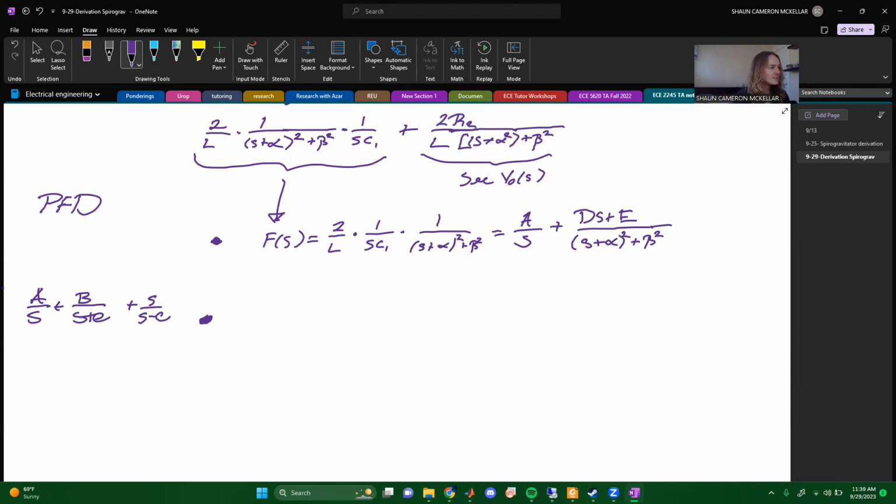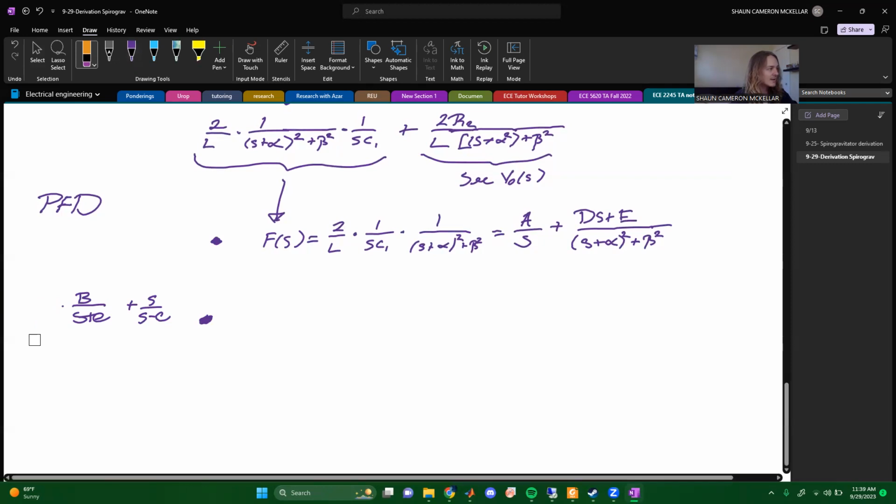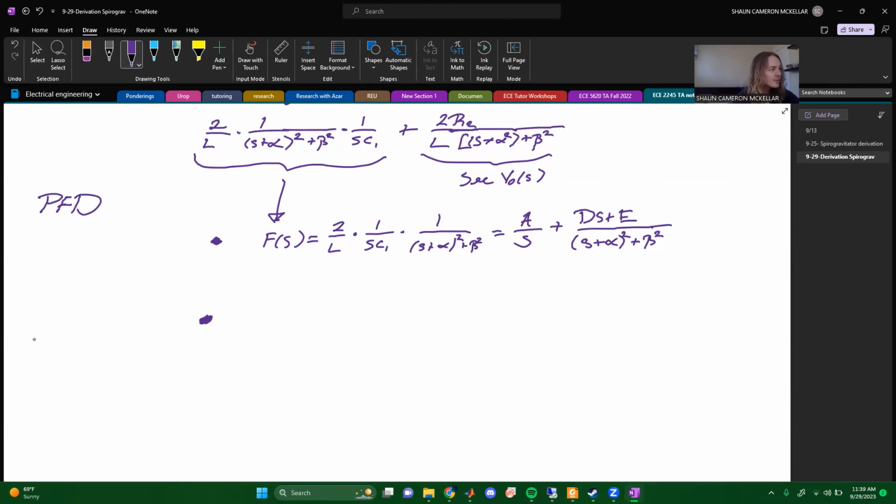Where we have distinct roots, this technique works especially well. And unfortunately, it doesn't work for the spirogravitator, but we can find our A term. So yeah, I'll show you what we're going to do.